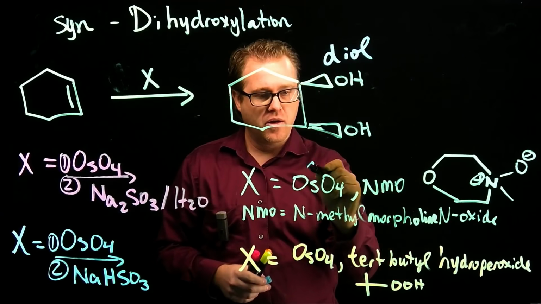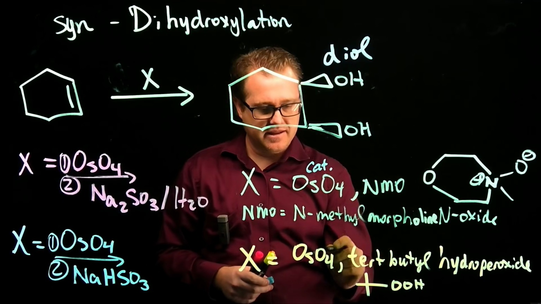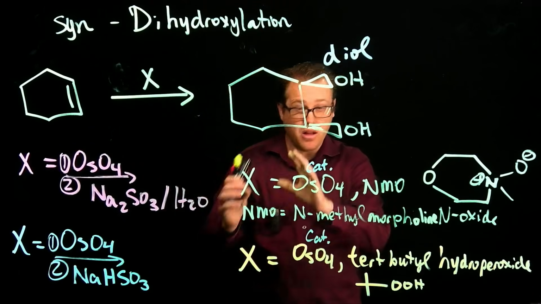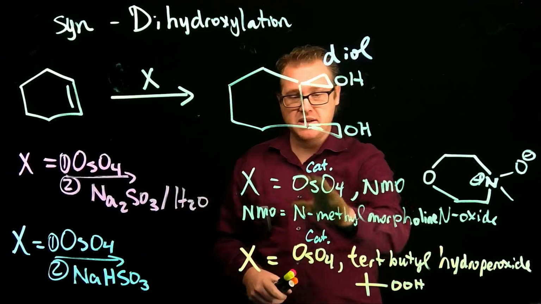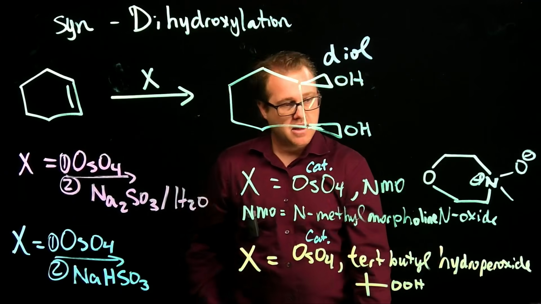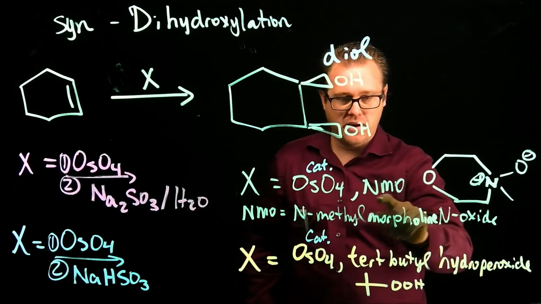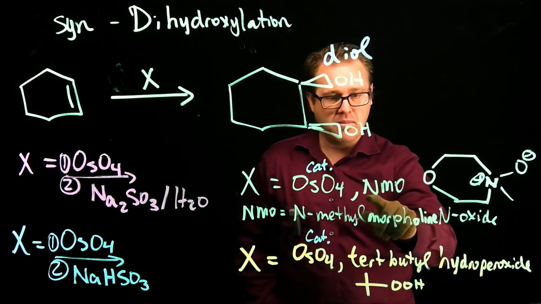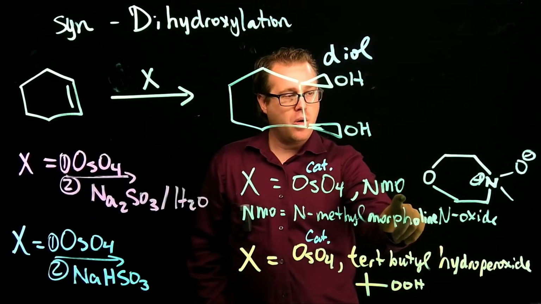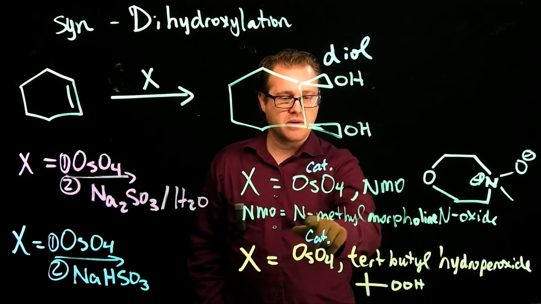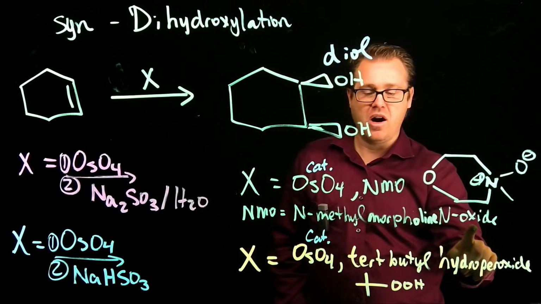So here we're going to put cat for catalyst. So we have small amounts of osmium tetraoxide for both of these processes, but what's different is what we're adding to it. Now we're adding a whole lot more of this NMO, which is represented by this molecule, and NMO stands for N-methyl morpholine N-oxide.